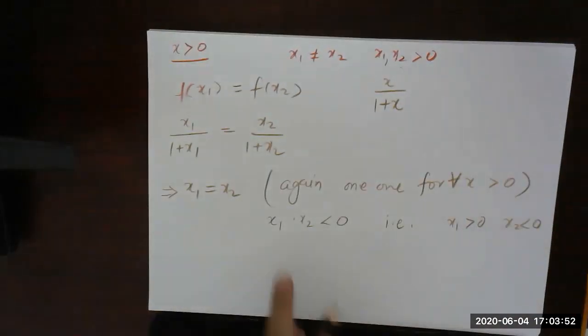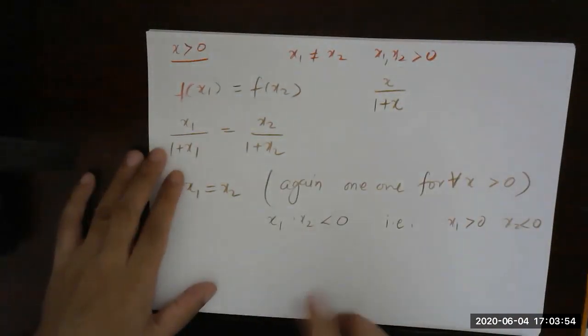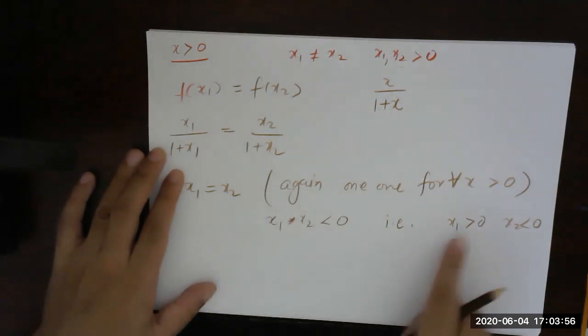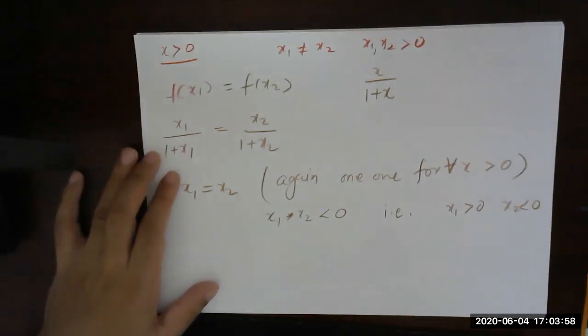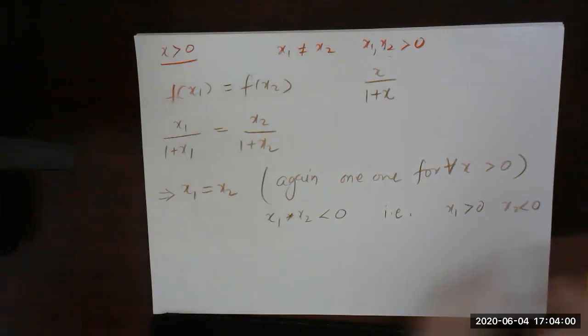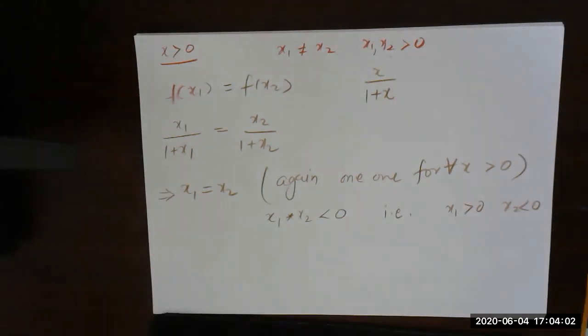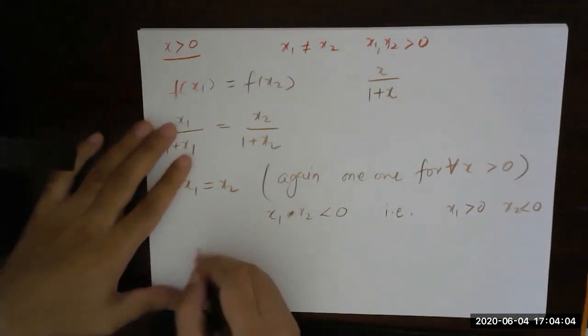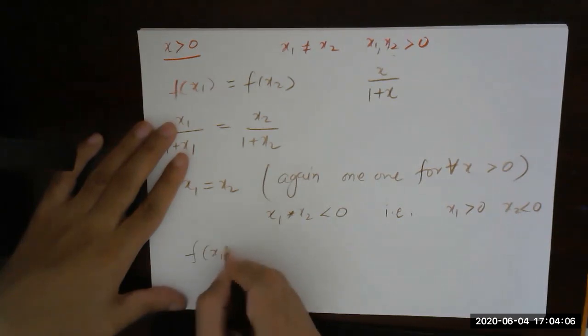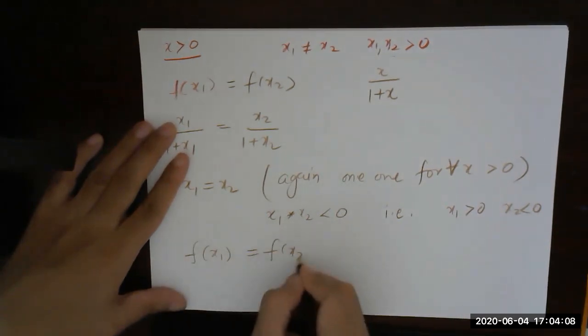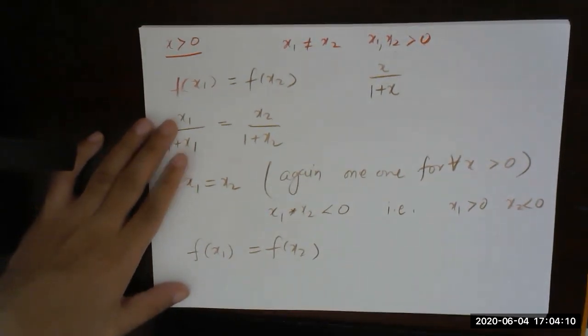Now I'm taking that x1 into x2 is negative, that means both are of opposite sign. That means one, x1, is greater than 0 and the other, x2, is less than 0. So what I will check is whether f(x1) can be equal to f(x2).